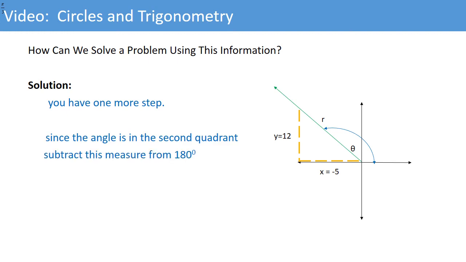Since the angle is in the second quadrant, we must subtract this measure that we found in our calculation from 180 degrees. Theta equals 180 degrees minus 67.4 degrees. So theta is 112.6 degrees, the angle in standard position.